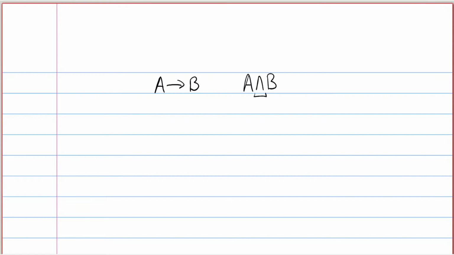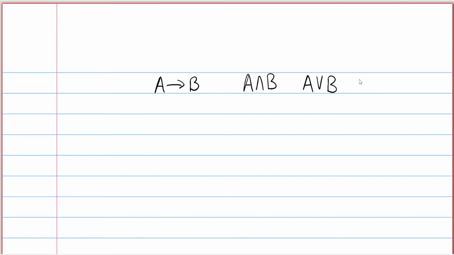this. This symbol represents and. This means the statement A and the statement B is true. We have the same thing for or. The or symbol is just this, the and symbol flipped upside down. And this means either the statement A or the statement B is true.